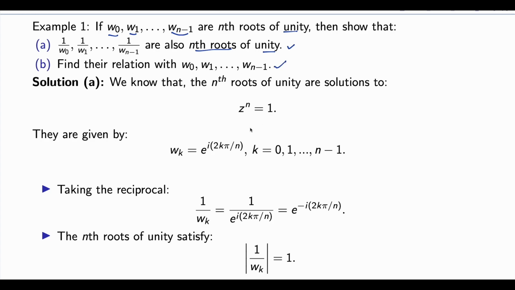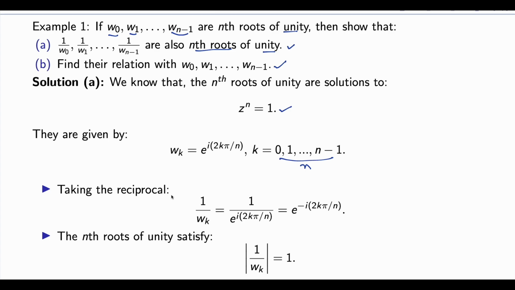So we know that the nth roots of unity are the solution to the equation z power n equal to 1, and they are given by wk, where k equal to 0 to n minus 1. There are total n roots, which is equal to e power i 2k pi by n, where k varies from 0 to n minus 1, right?